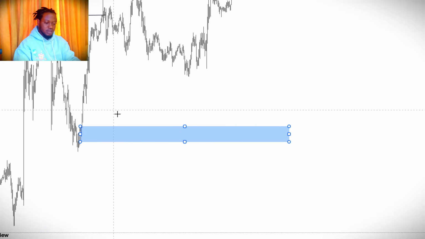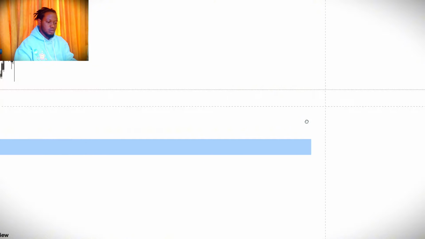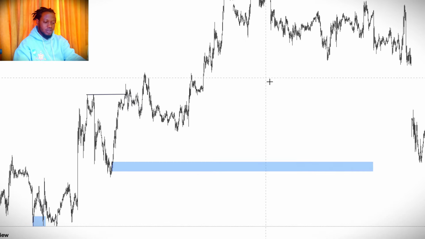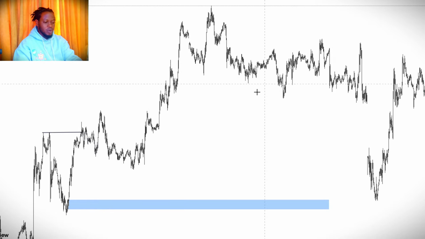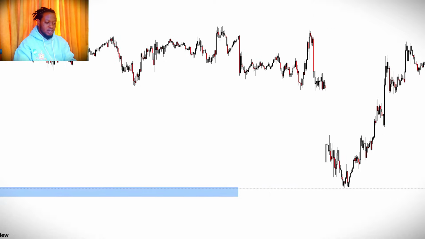All right, like this. Now let's draw this out. Right here, we will be patient enough. Just like we are having this uptrend here, you should not be bothered by all this noise here. Carefully wait for price to tap into your order block, and then you can trade peacefully with no fear.